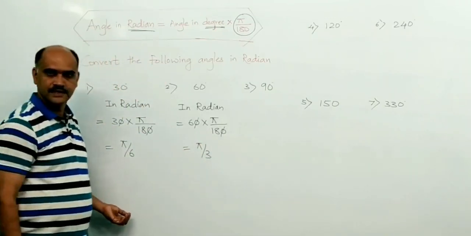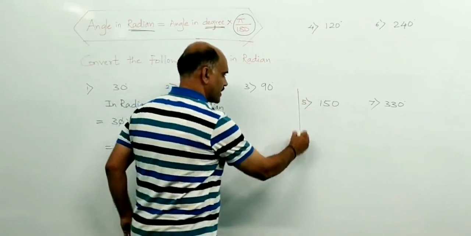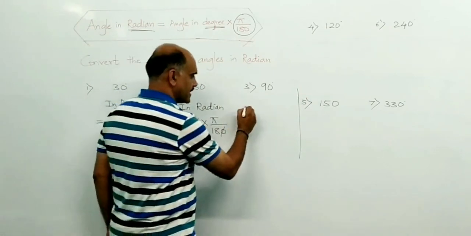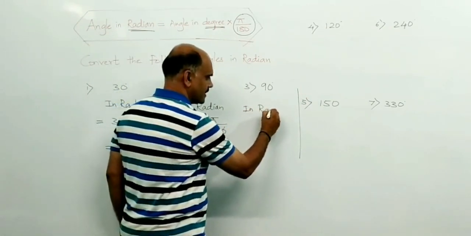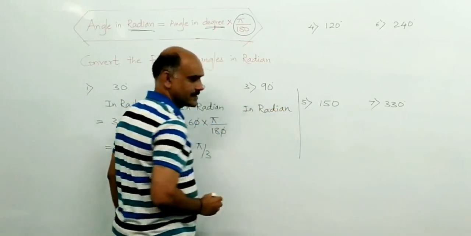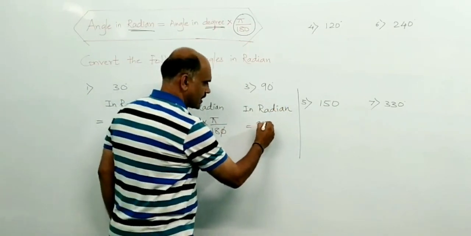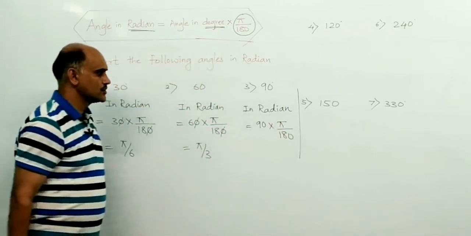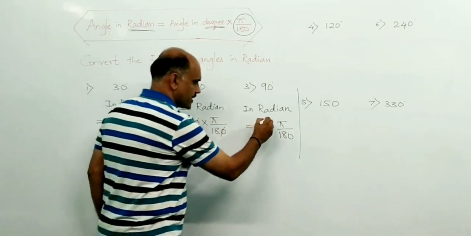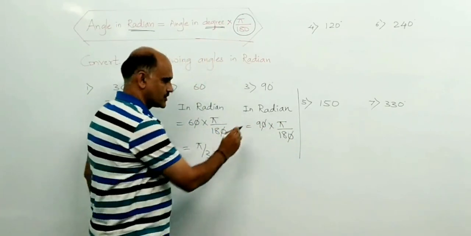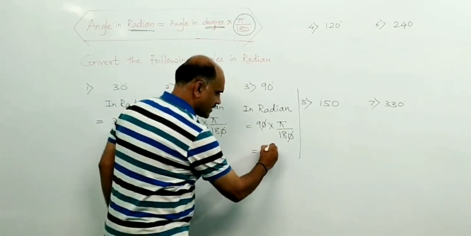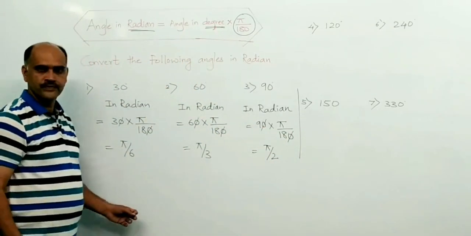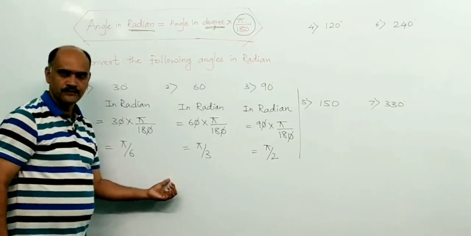Similarly, third, 90 degree in radian will be 90 into pi by 180. If you simplify, again 0 gets cancelled. 9 and 18: 9 ones are 9, 9 twos are 18. So you will get answer pi by 2.